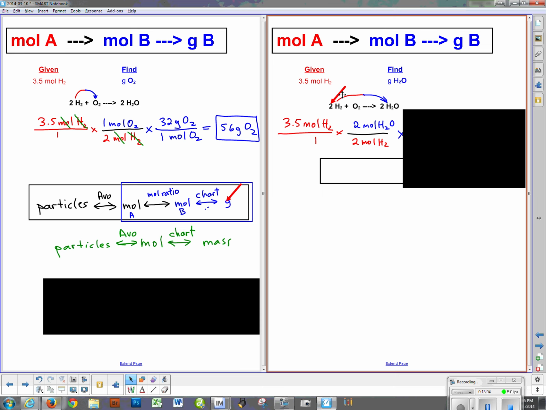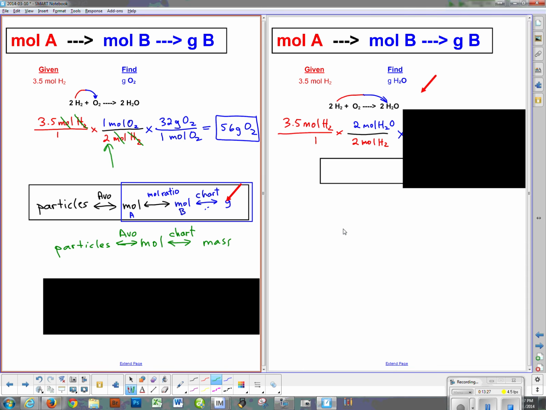Water, hydrogen with 2, water with 2, and just like these guys over here on the left side, in the prior problem, instead of being able to back on the left-hand side, I couldn't, this 2 had to stay. But over here, the 2 can go away.